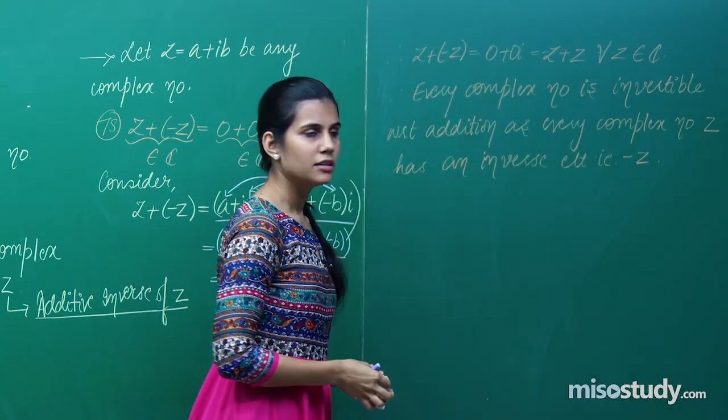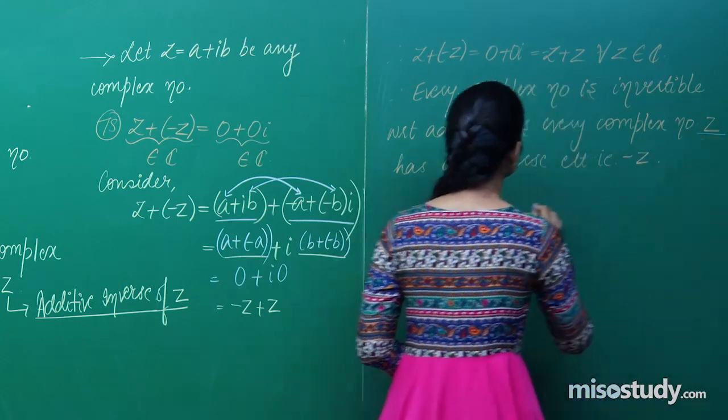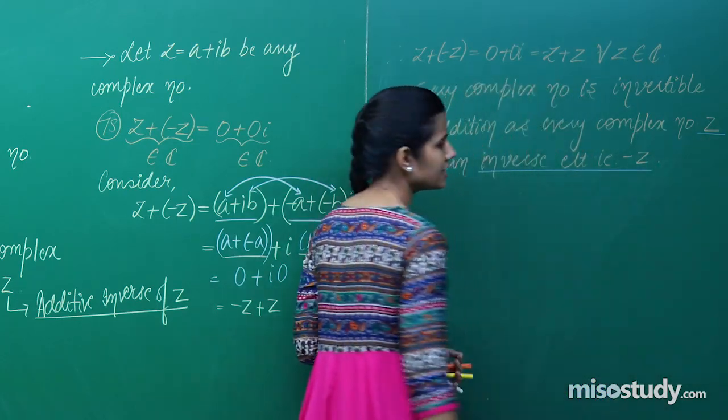That is it. Because corresponding to every complex number z, there exists an inverse element of z, which is minus z.